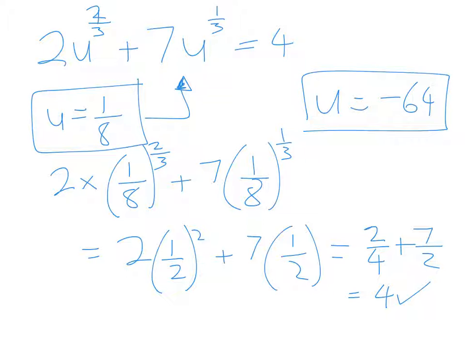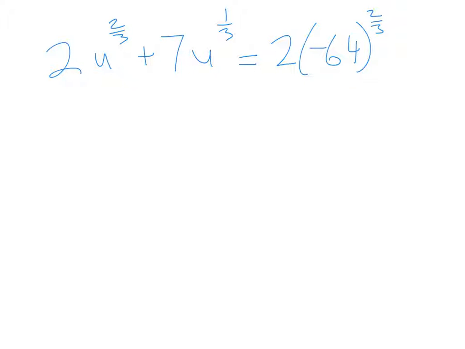Now we're going to check this one. So 2u to the power of 2/3 plus 7u to the power of 1/3. What's that? Well, 2 times this plus 7 times this.